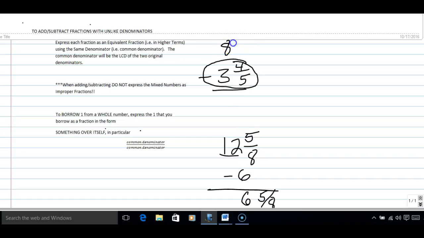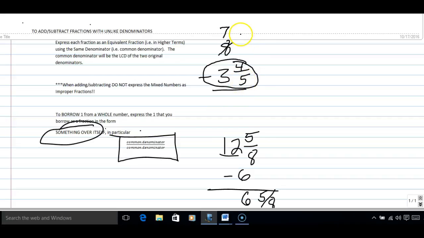So that means you got to borrow 1 from the 8. So I'm going to borrow 1 from the 8, makes that 7. And the 1 that I borrow, I'm going to express as something over itself. In fact, not only is it going to be something over itself, it's going to be denominator over denominator. We'll only have one fraction here, and its denominator is 5.